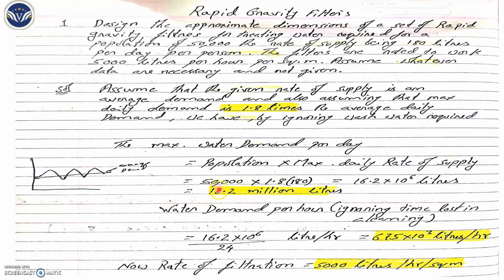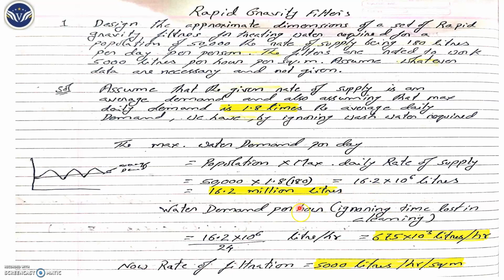The population is 50,000, and 1.8 is the factor over the average daily demand, into the rate of supply, 180. So we get around 16.2 into 10 raised to 6 liters, that is, 16.2 million liters. This much water is supplied daily.